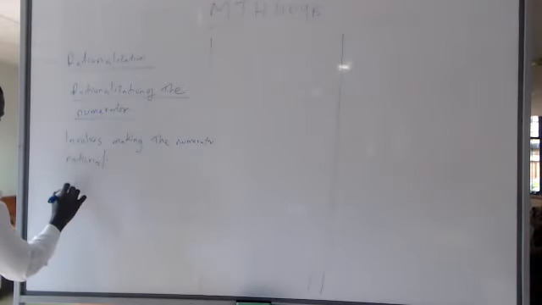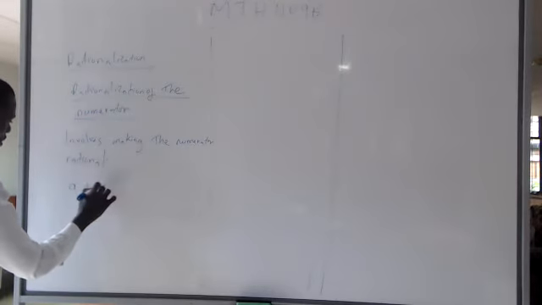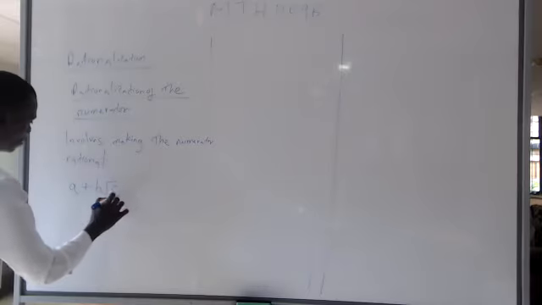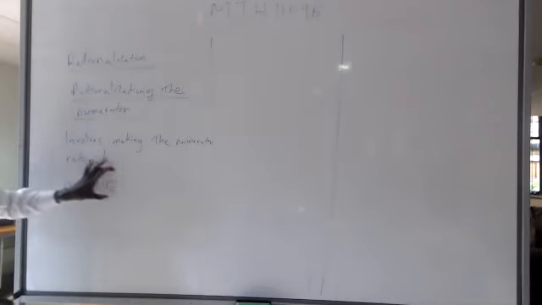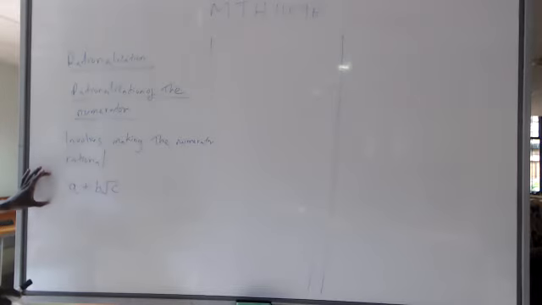So for example, if I give you the expression a plus b square root of c, where this is a number which cannot be expressed as a terminating decimal. It's a non-terminating decimal and there's no pattern, like pi. This is an example of an irrational expression.